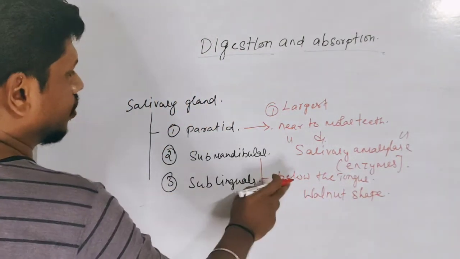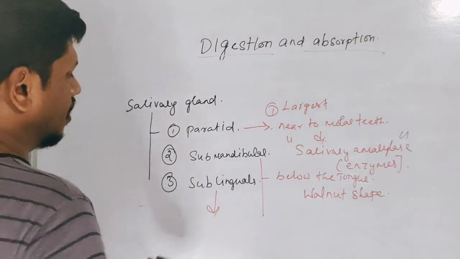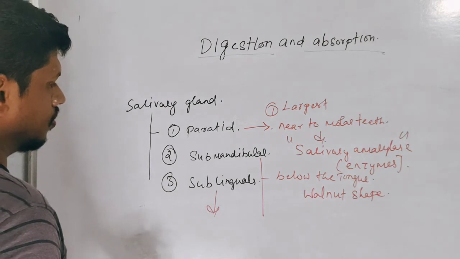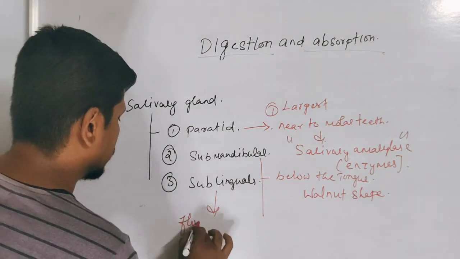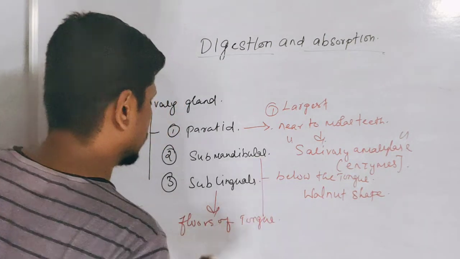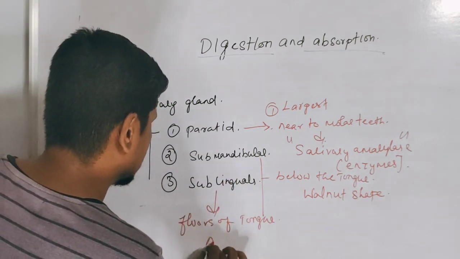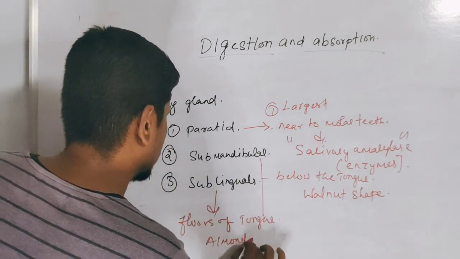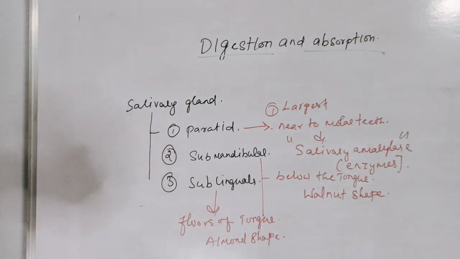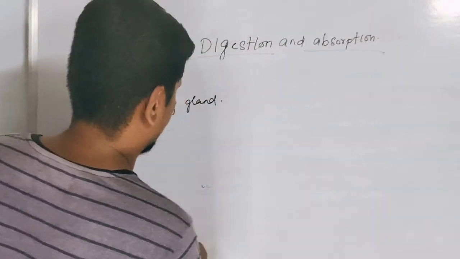Clear? Where it is located? Below the tongue. Okay. This sublingual, again, where it is located? Floor of the tongue. Again, what is the shape of the sublingual? It is almond. These are the factual parts, right? Okay.